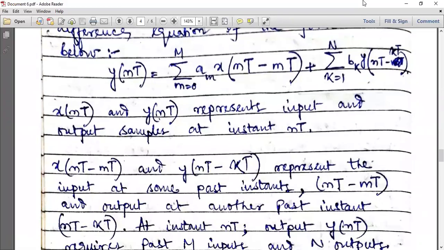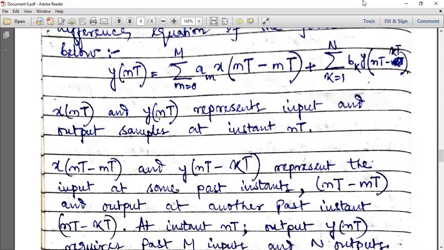Now x of nT minus mT represents the input at some past instant, and y of nT minus kT represents the output at another past instant.